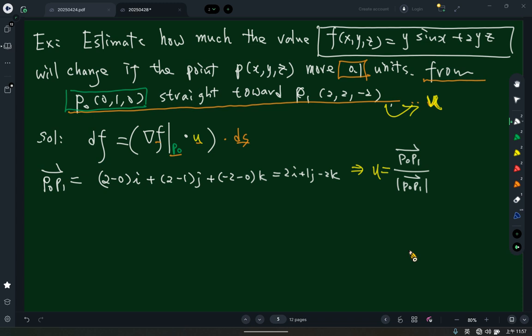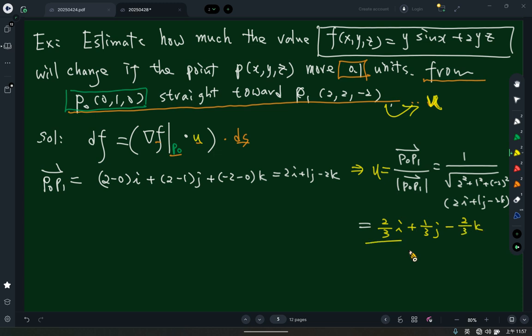When the vector is divided by its length, we can get a unit vector. So the answer will be 1 over square root of 2 squared plus 1 squared plus negative 2 squared, times 2i plus 1j minus 2k. So the answer is 2 over 3 i plus 1 over 3 j minus 2 over 3 k.